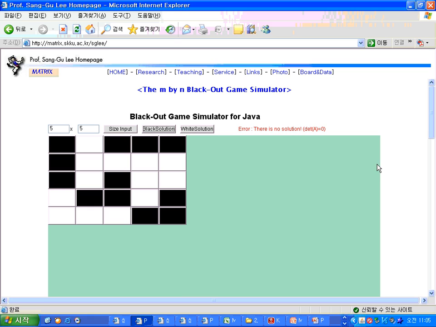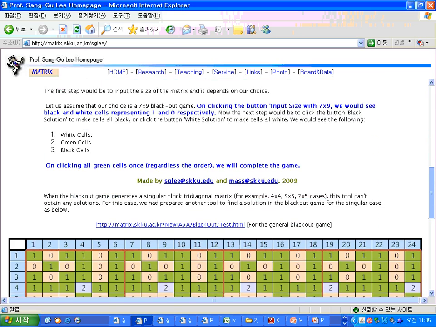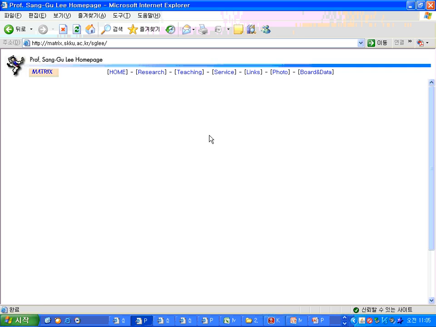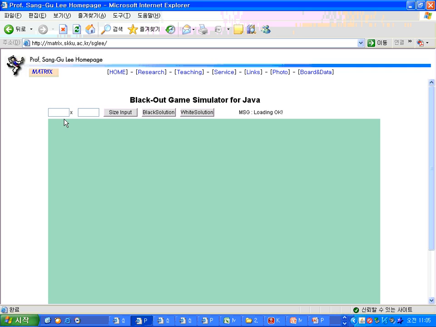But with those analyses, we made this. Here, this is a different program that also deals with the singular cases. Here, there is no solution, but still we can find the solution. How? We just do it like this.